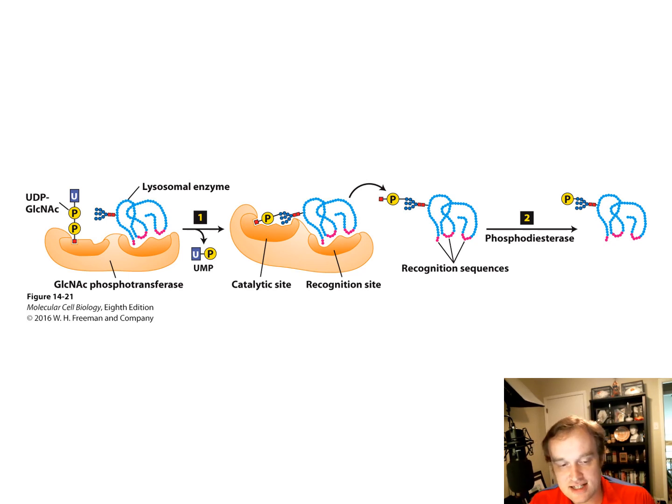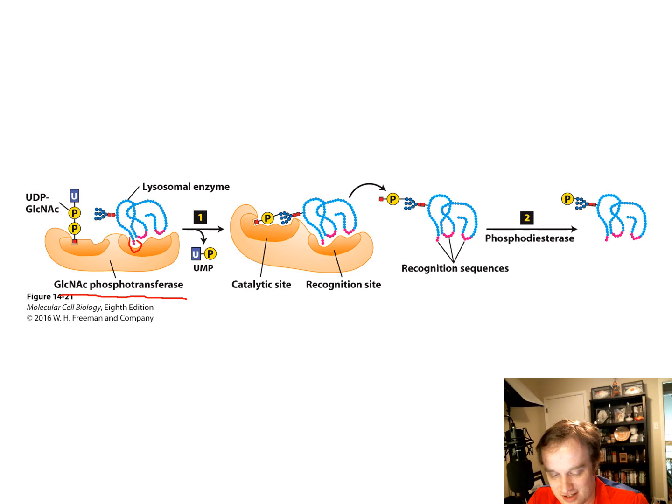And so in step 1, there is this enzyme, which is a protein, which is cis-Golgi localized N-acetylglucosamine phosphotransferase. So very long name here. And what that does is it recognizes the specific sequence in a newly synthesized lysosomal enzyme.